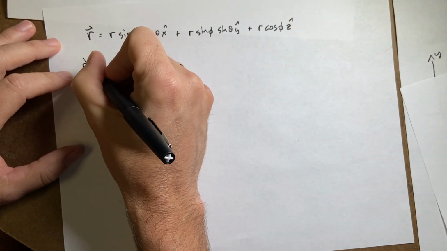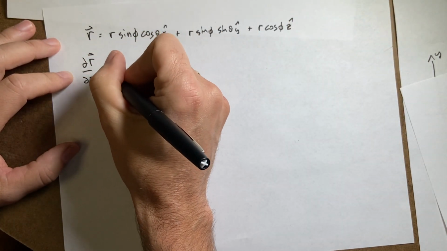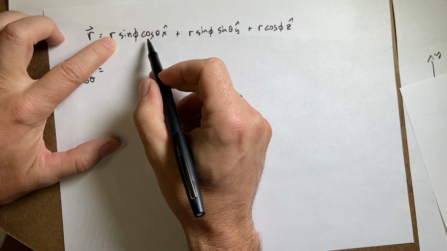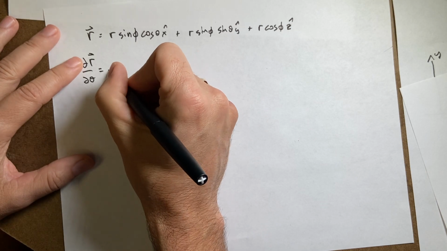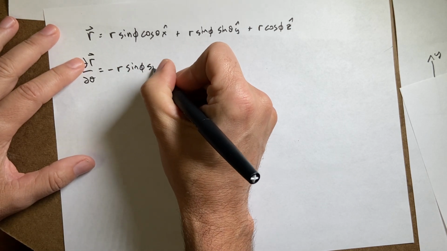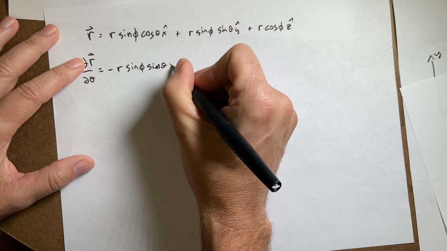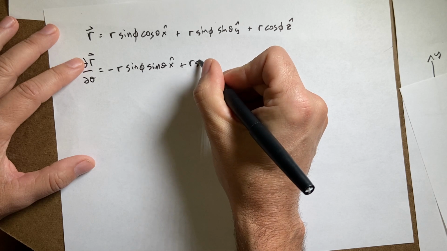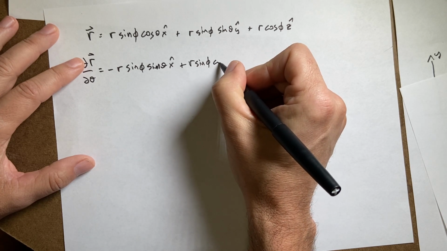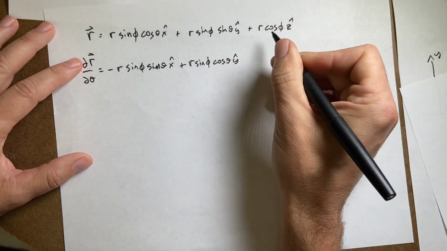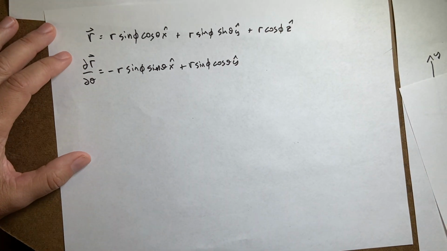The partial of r with respect to theta. Okay, so right up here, the derivative of cosine is negative sine. So I get negative r sine phi sine theta x hat. And this one's going to be plus r sine phi cosine theta y hat. And then that one has no term, right? There's no theta in there.